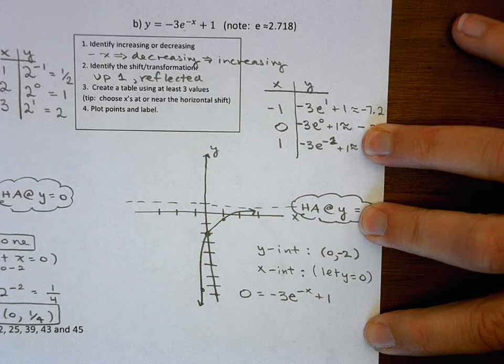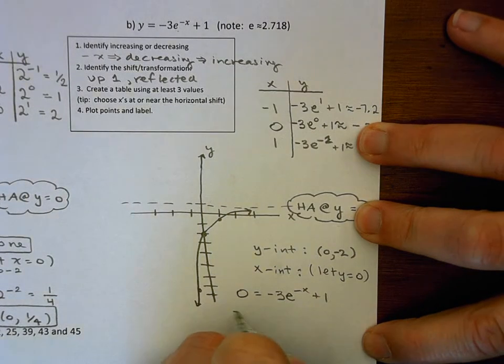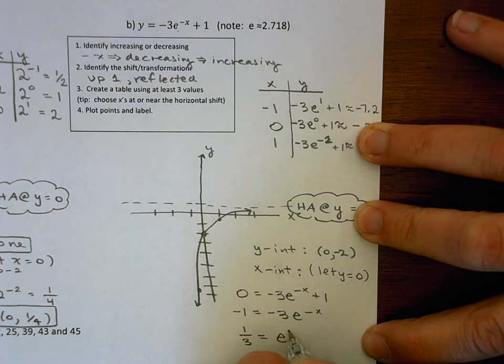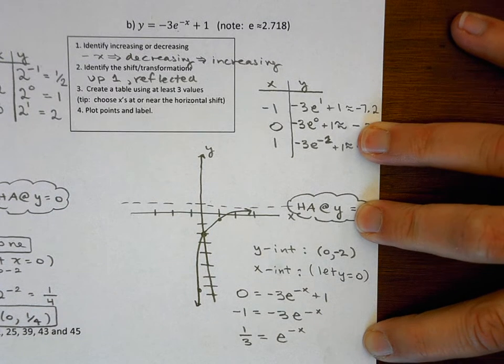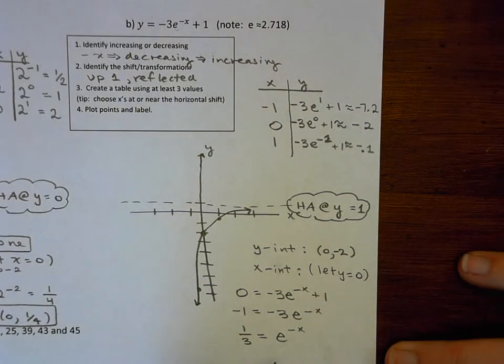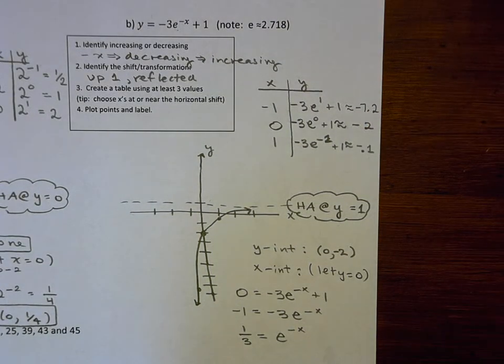And then I have to solve for x. I'm going to subtract 1 to the other side. Divide by -3. And then we're going to stop right here because this would involve us having to remember how do we solve with logs. And so for right now, we're just going to leave it as that.